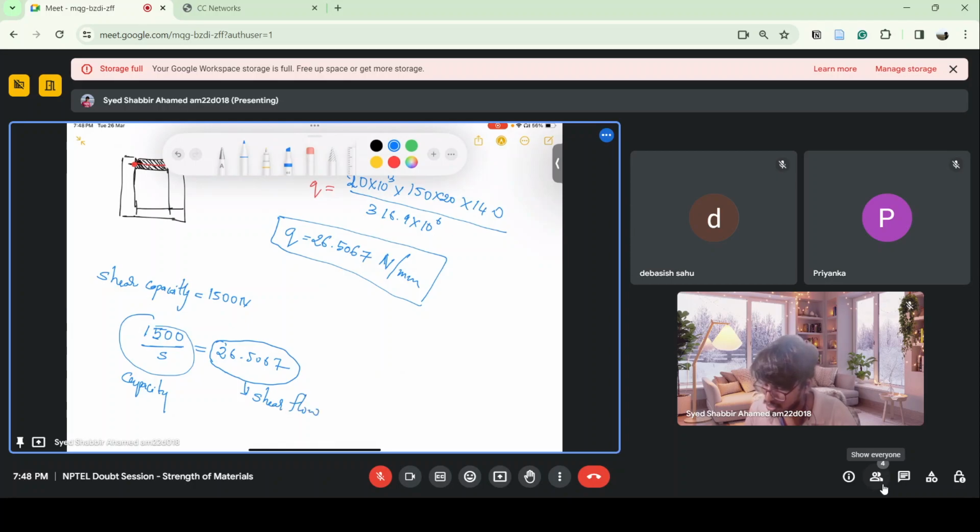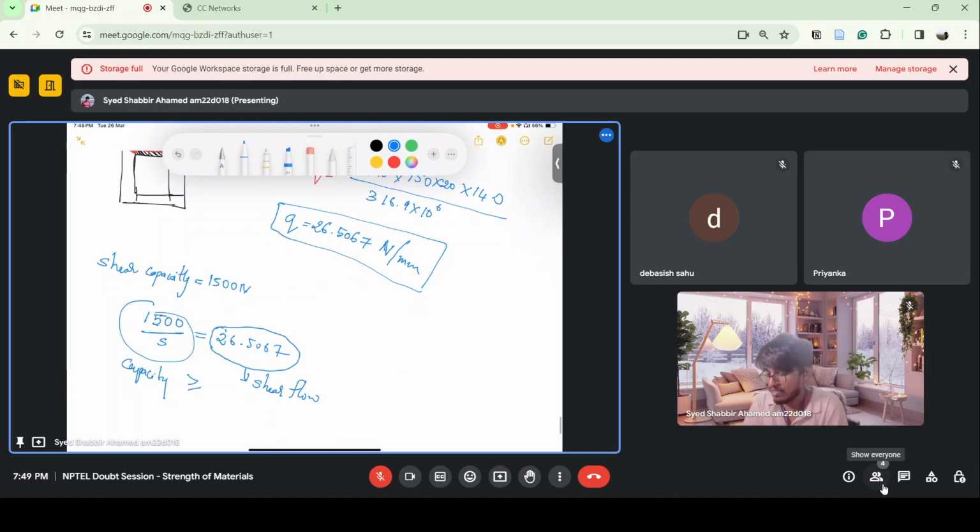The capacity should always be greater than or equal to the applied. If you increase the spacing just because you want economy or to save time, then it will not be feasible for these bolts to handle the shear flow which is occurring.